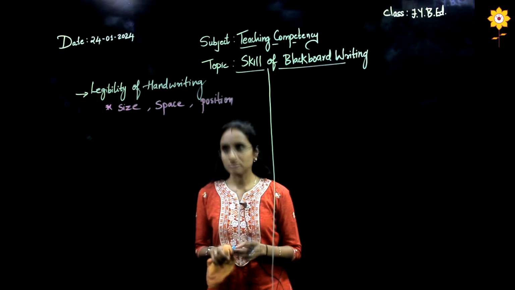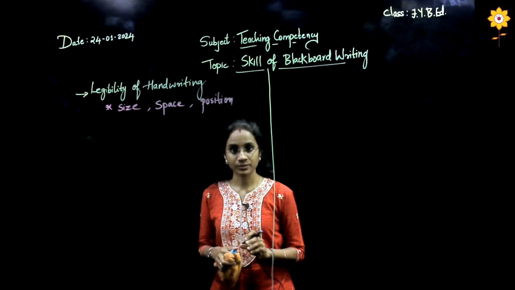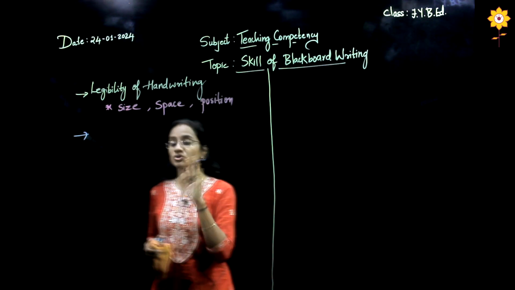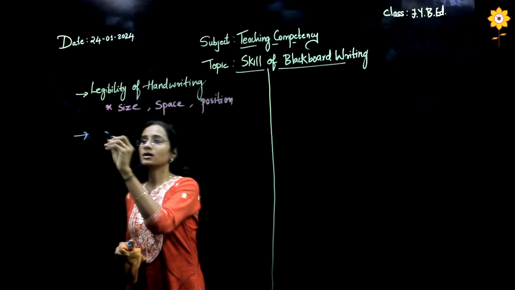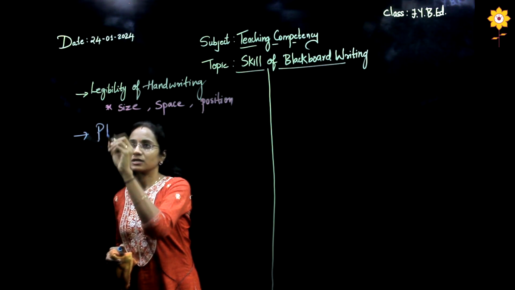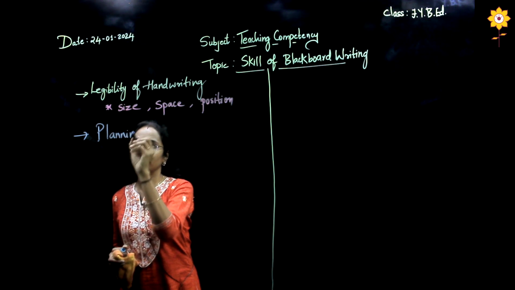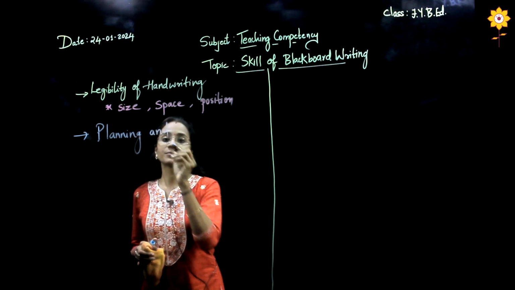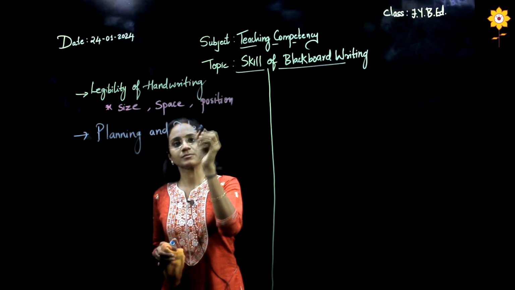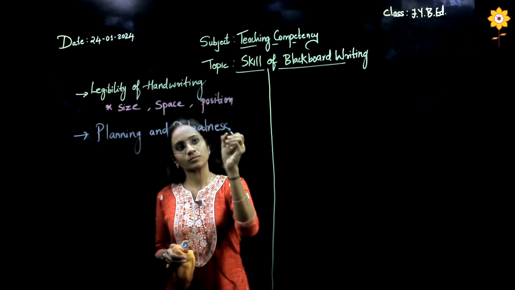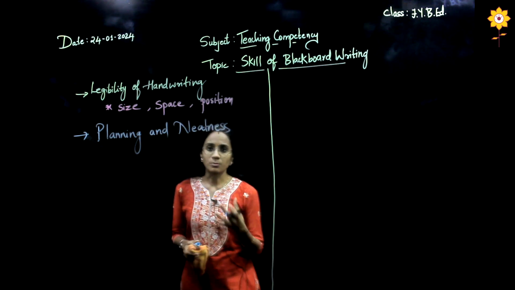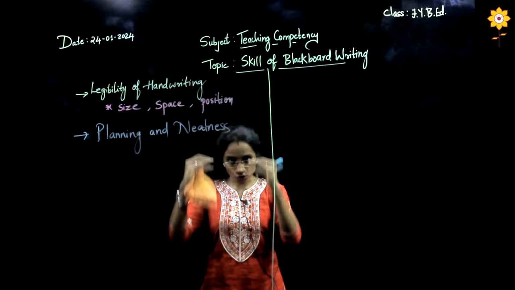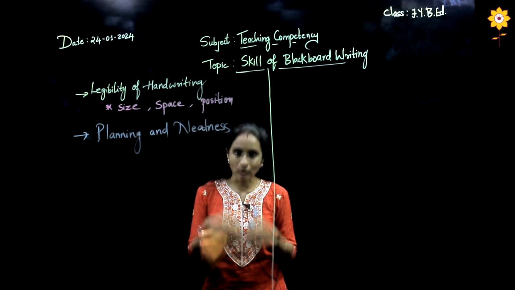Now after that, if your handwriting is legible, but then you are organizing your content, so there should be proper planning. We can say proper planning, that is organization, and then neatness. Okay, so when you do proper planning, you know what are the important key points that you need to put on the board, which the students need to understand.